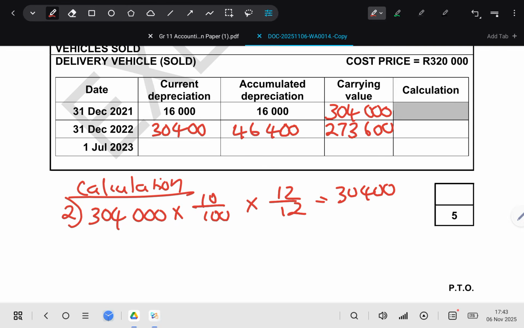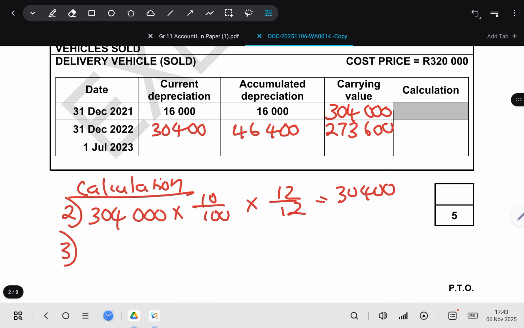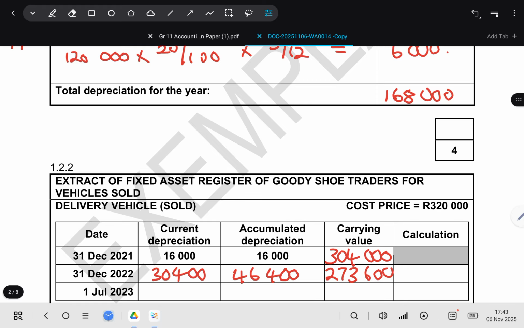Now in year three, where we are selling, on the 1st of July, they said we are going to sell it on the 1st of July. If you check it, remember they said it was sold for 190,000 on the 1st of July. So it will be with us from January, February, March, April, May, June.